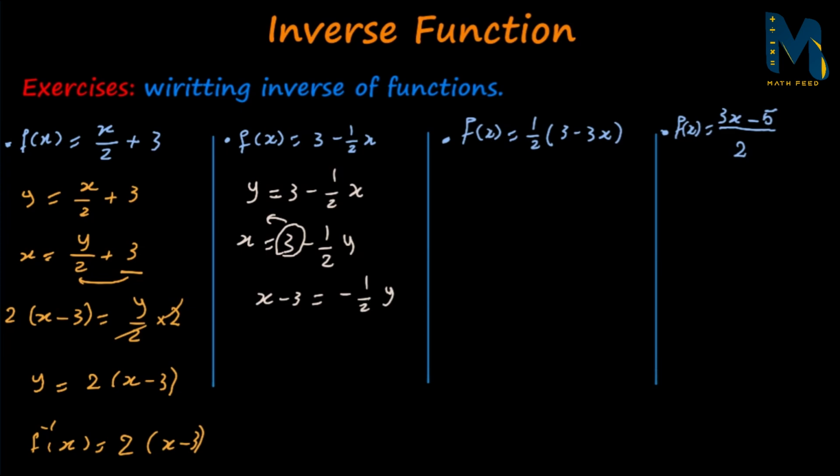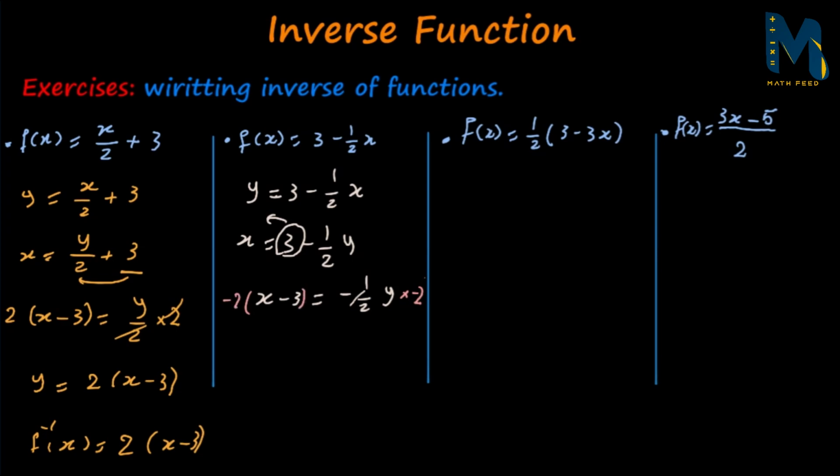Now we have 1 over 2. We multiply both sides. Let me use a different color. In here we have negative 1 over 2. To cancel 1 over 2, we have to multiply by the reciprocal of 1 over 2, which is 2 over 1, or 2. So we multiply both sides by negative 2.